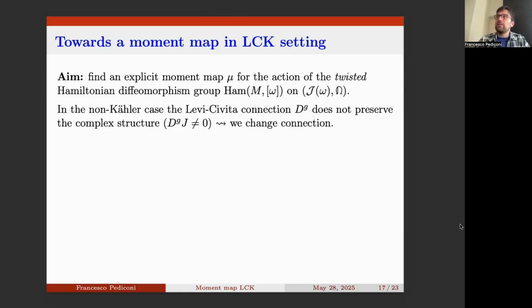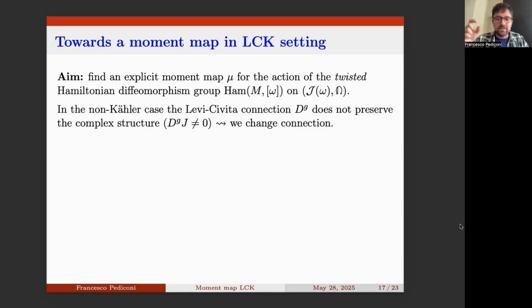Well, if you remember, in the Kähler case, the role of the moment map was played by the scalar curvature, which is the trace of the Riemannian curvature tensor. Here, since we are working on a manifold which is non-Kähler in general, it is common to change connection.